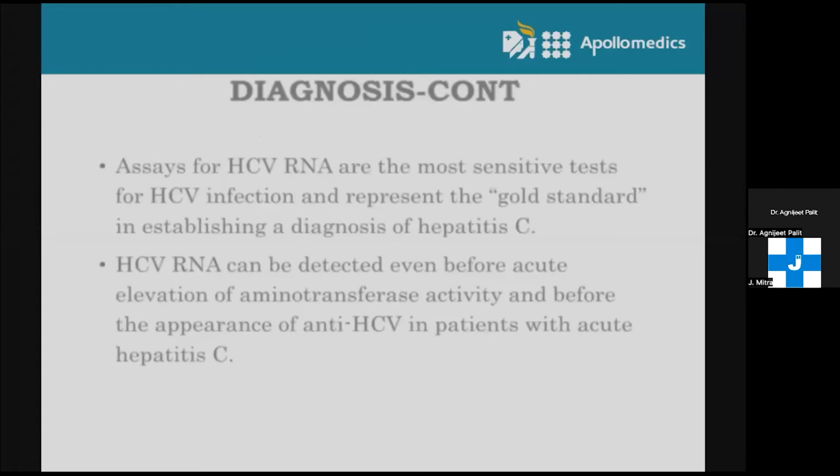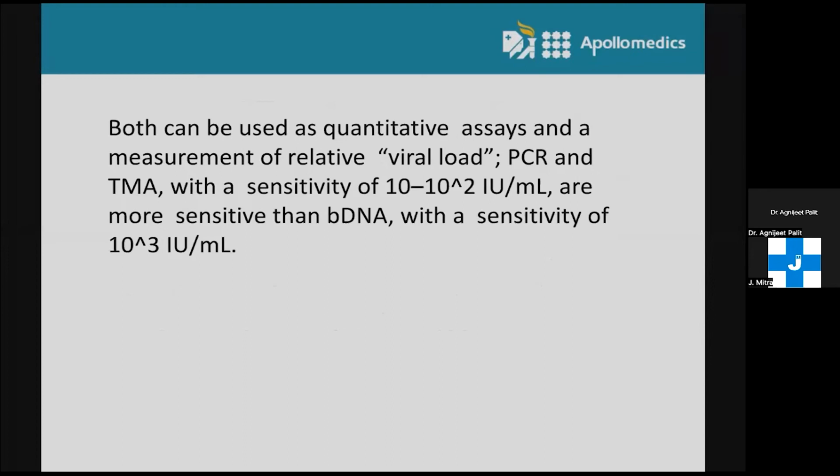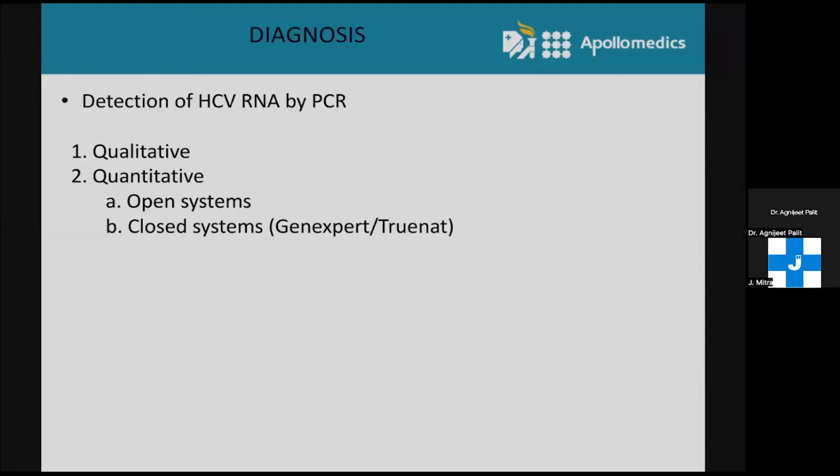So if we come to molecular testing, that is the gold standard. Detection of HCV RNA can be done even before the elevation of aminotransferase activity in the phase of acute hepatitis C. HCV RNA can be detected by bDNA analysis or PCR or transcription mediated amplification. However, nowadays only PCR is used, and PCR and TMA are more sensitive as compared to branched DNA analysis.